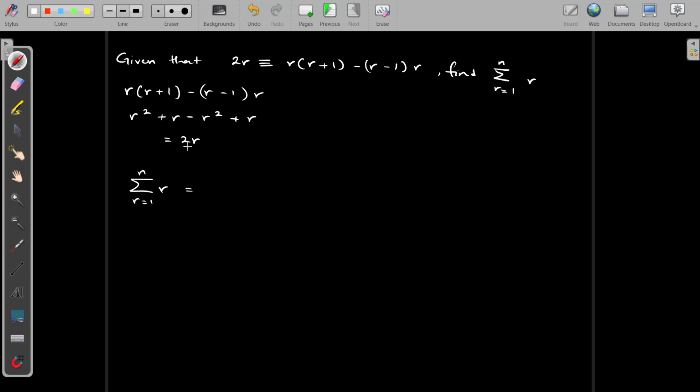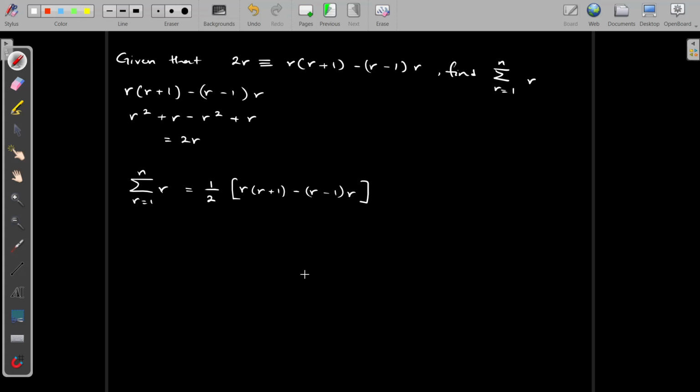So if 2r is equal to this, to get r, we would have to use half of whatever that is. We'd have to use half, because that's the only way we're going to get back 2r if we multiply both sides by 2.